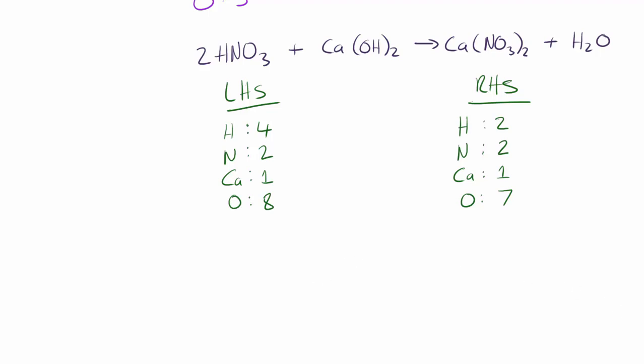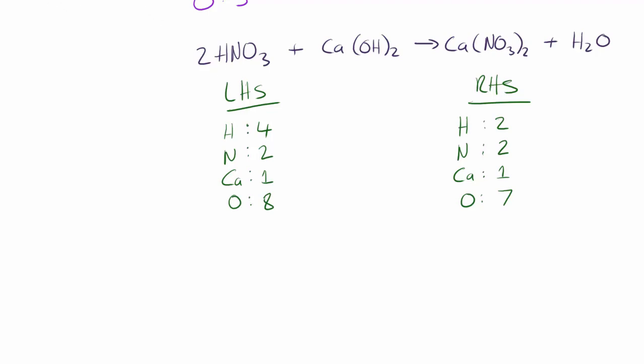And if we do look into that, if we put a 2 in front of our H₂O, what is going to happen? Well, if we put a 2 in front of our H₂O, we would increase the number of hydrogens by 2. That 2 would also cause an increase in the oxygens by 1 on the right hand side.